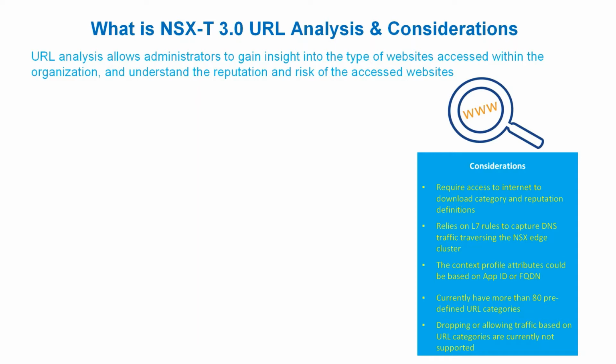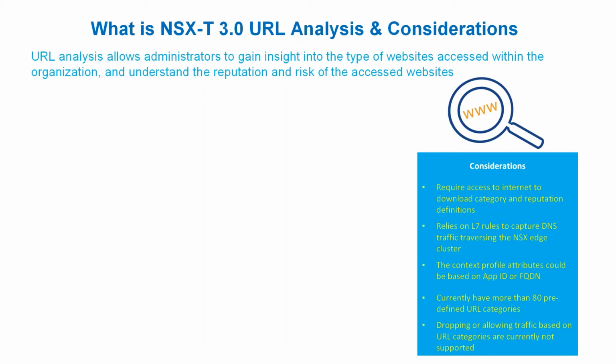What it means is it requires continuous updates to get the latest knowledge of URL classifications, which at the end of the day boils down to having internet access to Webroot cloud services from NSX Edge.